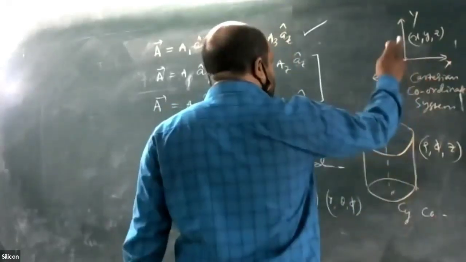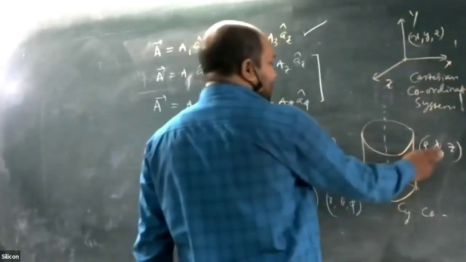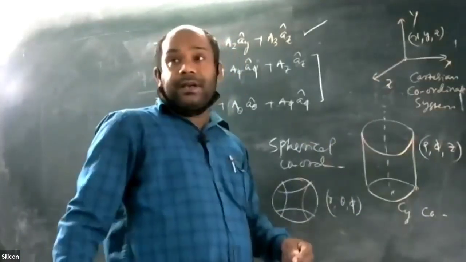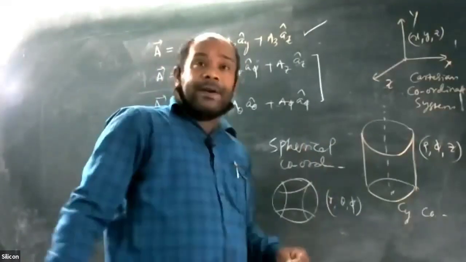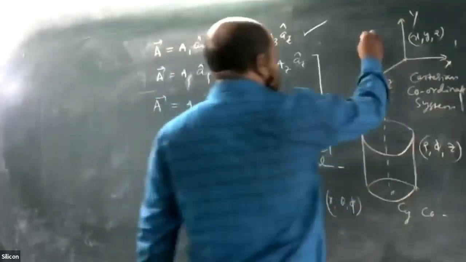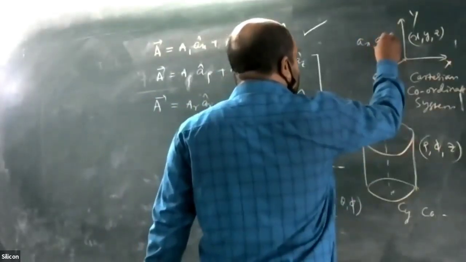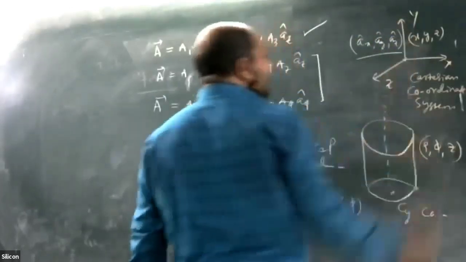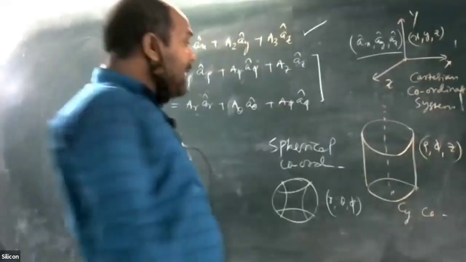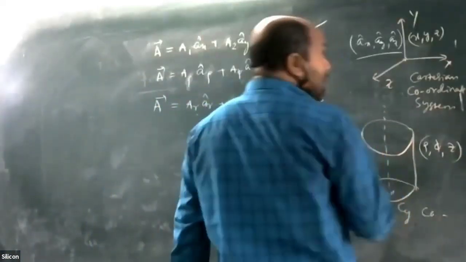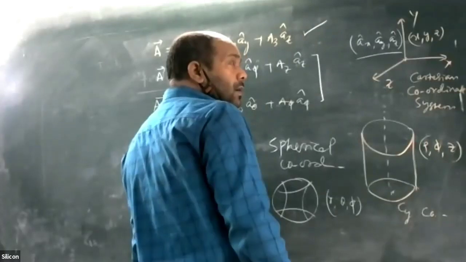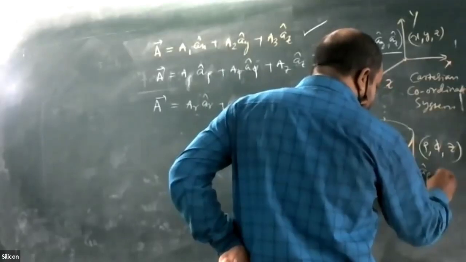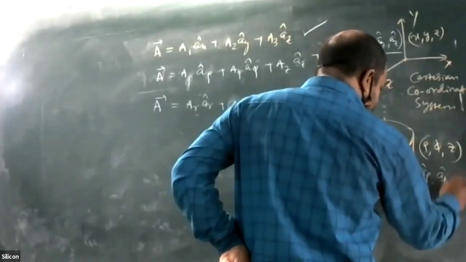Just as here we have x axis, y axis, z axis, in cylindrical there is rho axis, phi axis, z axis, and in spherical there is r axis, theta axis, phi axis. And the corresponding unit vectors: just as ax, ay, az are the unit vectors along x axis, y axis and z axis, similarly in cylindrical coordinate system we have the unit vectors a rho cap, a phi cap, a z cap.